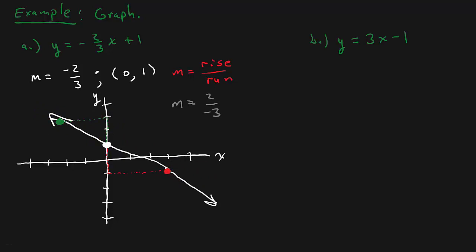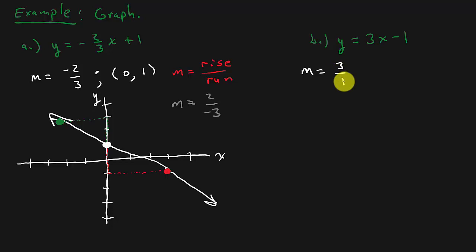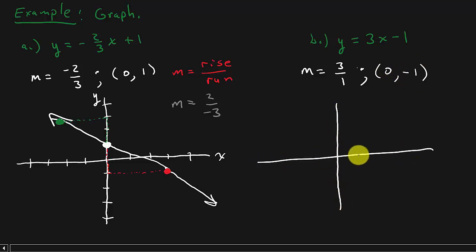All right, now let's look at this one. This is going to be the same thing. Let's get our slope. Our slope is 3, but look how I'm writing it: 3 over 1, because I want to see the rise and I want to see the run. And then my y-intercept is (0, -1). So now let's graph it.